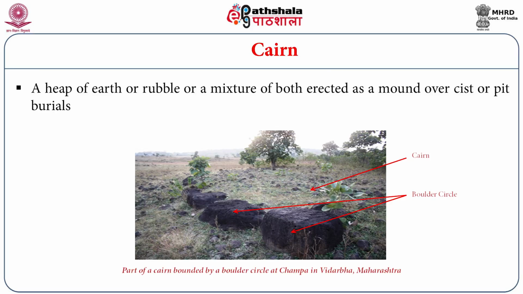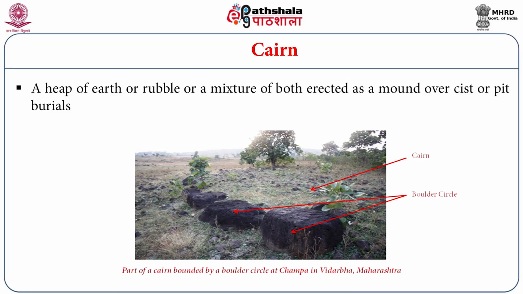We don't know why. At some sites we find only a simple boulder circle or stone circle. One of the reasons could be the local terrain. When the terrain is hard, it is difficult to dig a deeper pit into it. That is why people simply placed the burial and other grave goods after digging a little bit, or just on the surface.